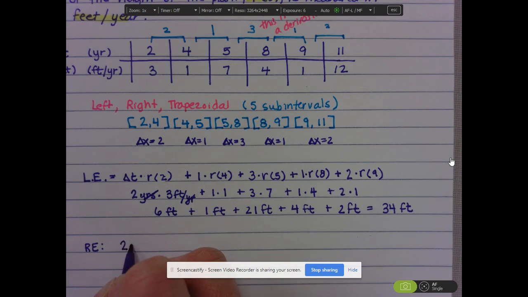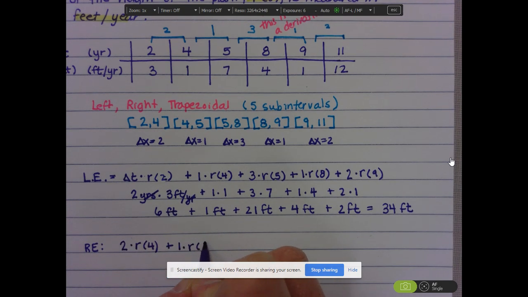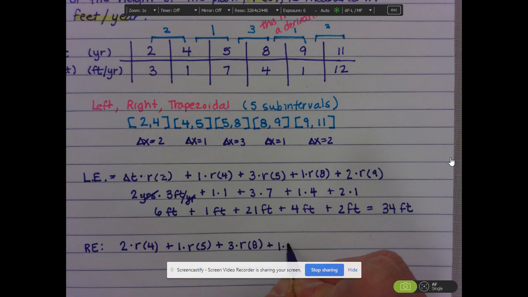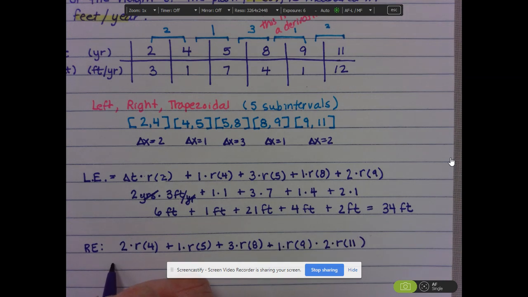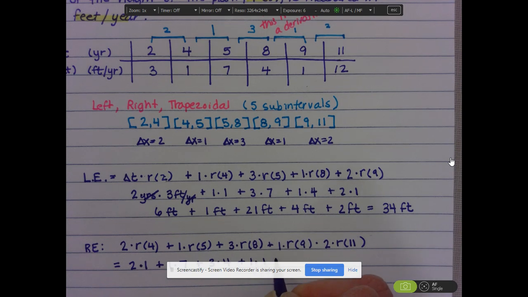So I'm going to have 2 times r of 4, 1 times r of 5, 3 times r of 8, 1 times r of 9, and 2 times r of 11, which is going to get me 2 times 1, 1 times 7, 3 times 4, 1 times 1, 2 times 12.